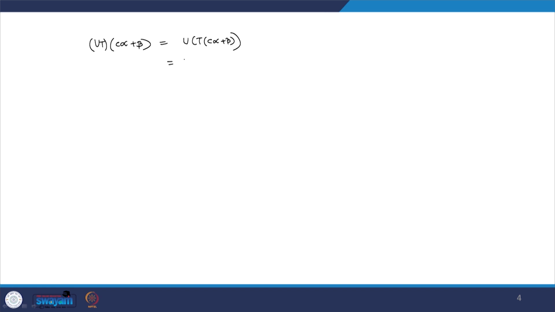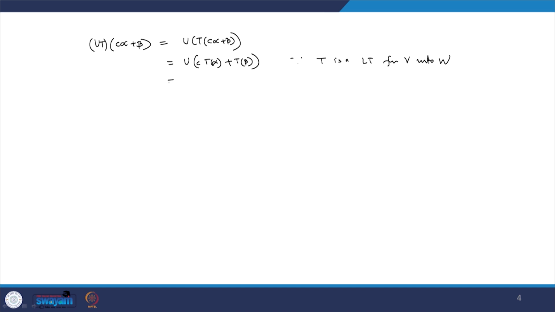So, this is equal to U of C times T of alpha plus T of beta, because T is a linear transformation. Since T is a linear transformation from V into W, this property will hold good.